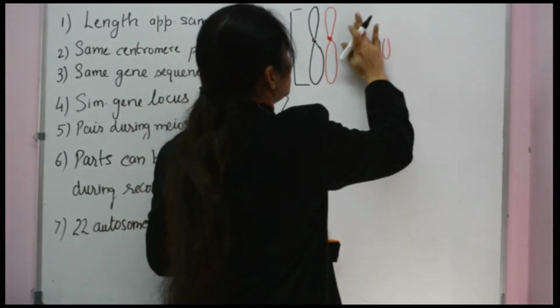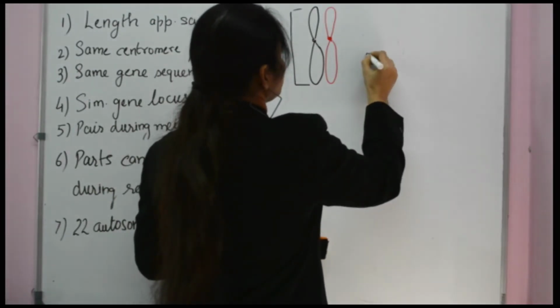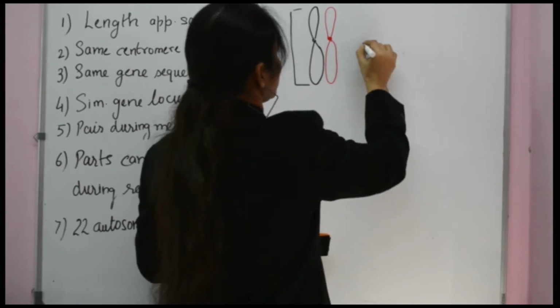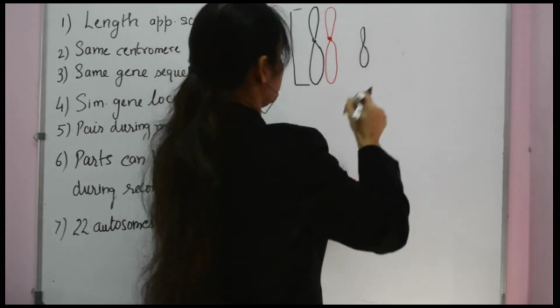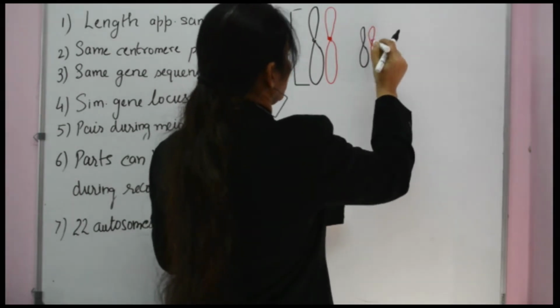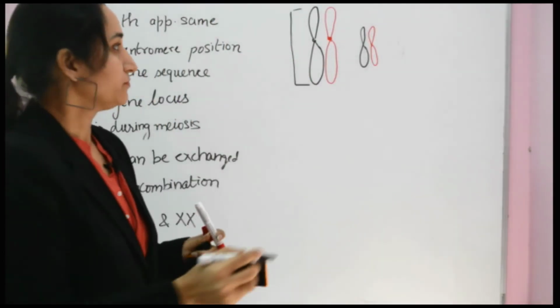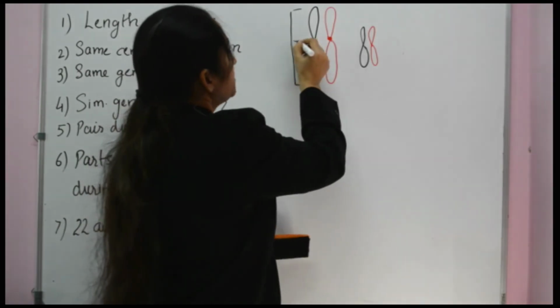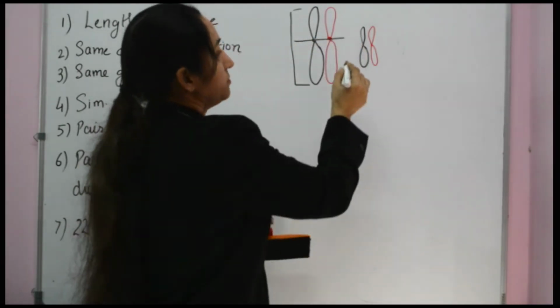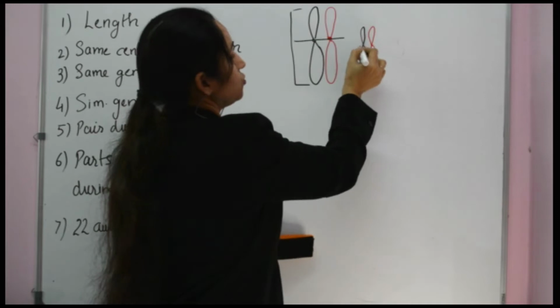Let us make it again to make it more clear. Okay, this is the second pair. Now you can see the centromere position of this is the same, but the centromere position of this is not the same as this.